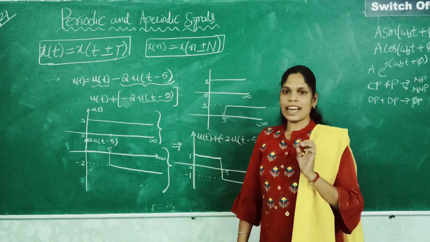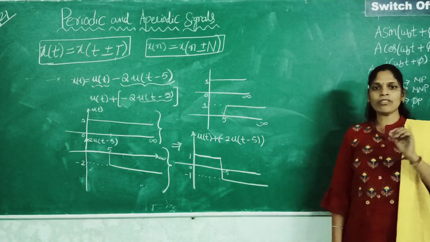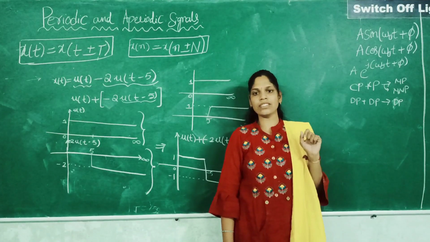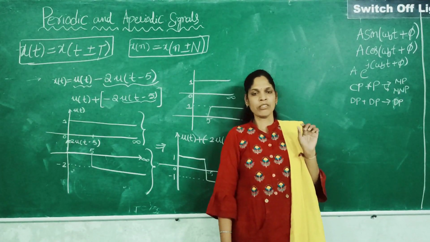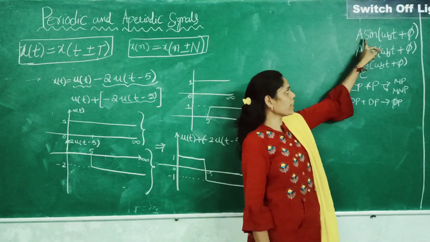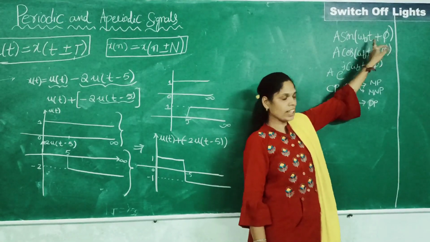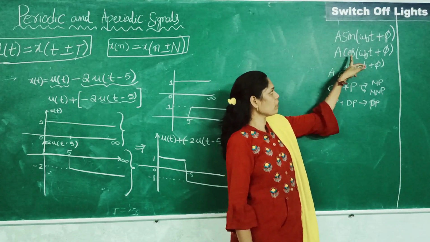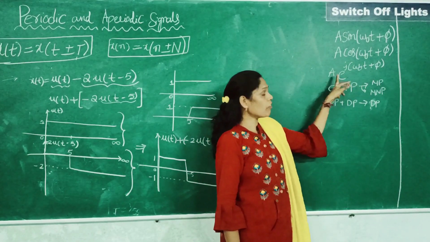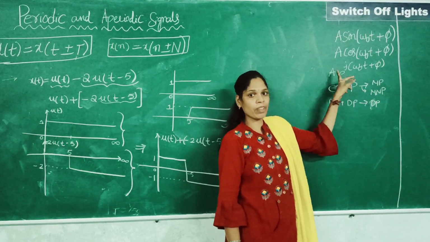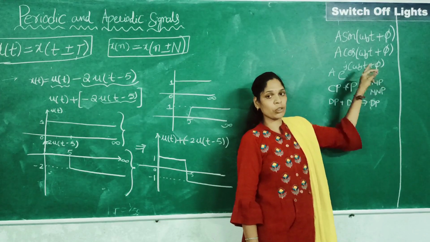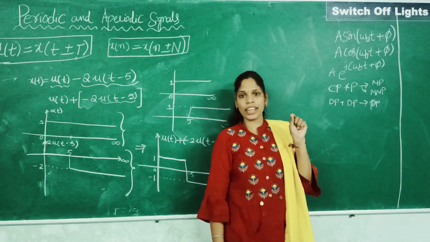In this class we have discussed what is meant by a periodic signal, as well as the aperiodic signal. What I can conclude here is: if the signal is in the form of sin of omega naught t plus phi, or cos of omega naught t plus phi, or in the complex exponential form A e power j of omega naught t plus phi, those signals are periodic in nature.